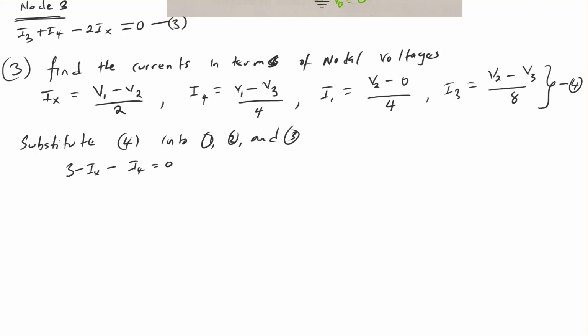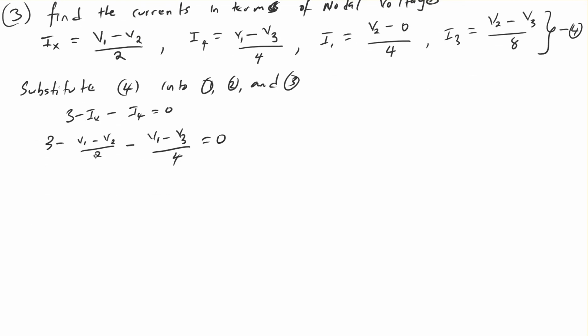We substitute all that: 3 minus V1 minus V2 over 2 minus I4, which is V1 minus V3 over 4, equal to 0, and I'm going to simplify this. I can have 3 is equal to V1 minus V2 over 2 plus V1 minus V3 over 4.